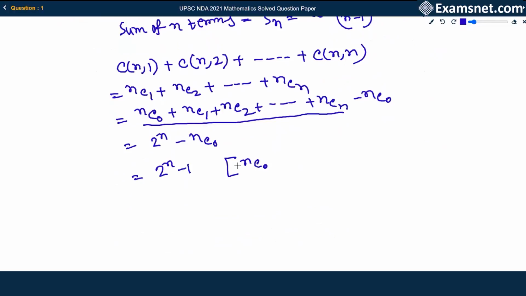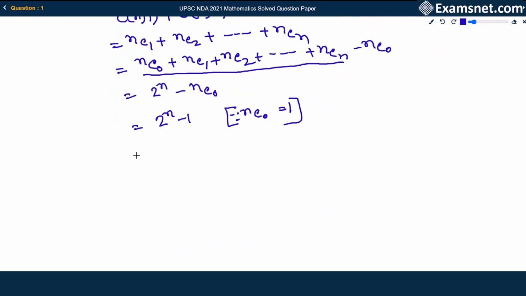This 2^n minus 1 can be represented as (2^n - 1) by (2 - 1), multiplied by 1.